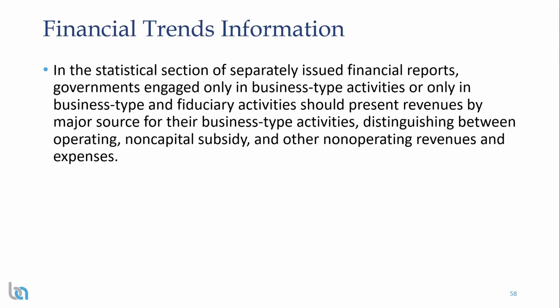If you're a city, you don't need to do that, because the revenues for a city in the statistical section are in a different format, focused more on your taxes, and proprietary fund revenues are usually summarized. But if you only have business type activities, then your revenues would be more expanded in the statistical section.